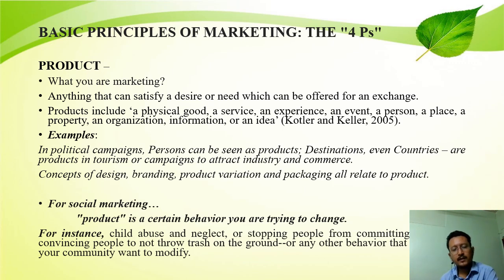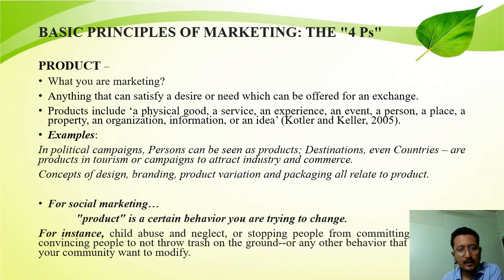Now, coming back to the social marketing context. So product, as you have seen, in social marketing can mean not just a physical product, but also an intangible one. So a physical product we all know, which can be seen, touched and felt, whereas an intangible product can mean something sort of an idea.